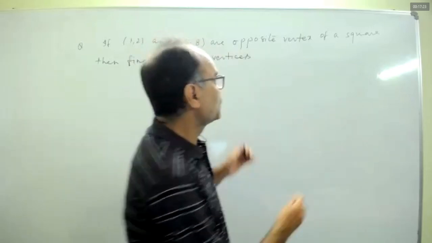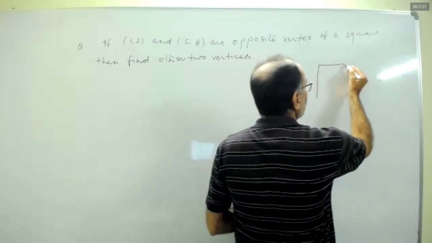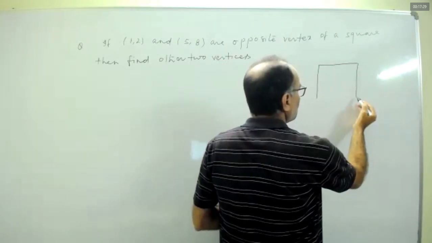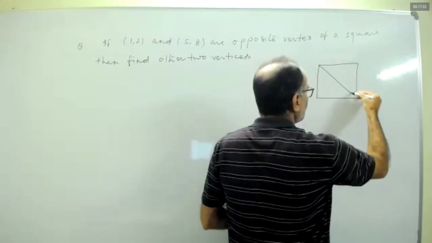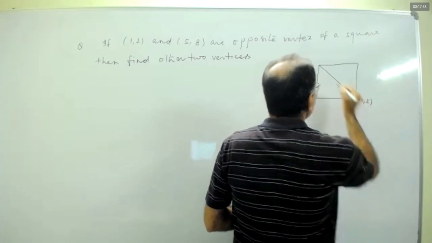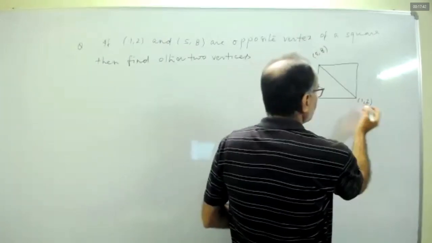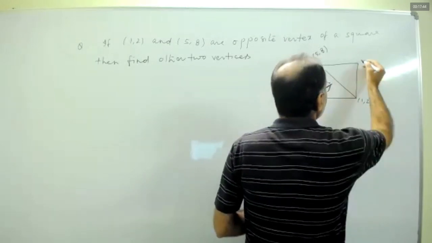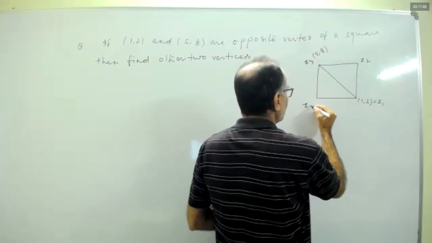Suppose we have a square. This is (1, 2), this is (5, 8). I can say this is Z1, this is Z2, this is Z3, Z4.